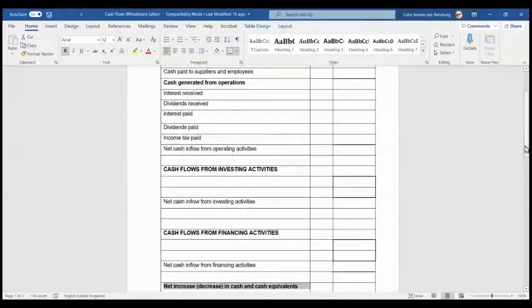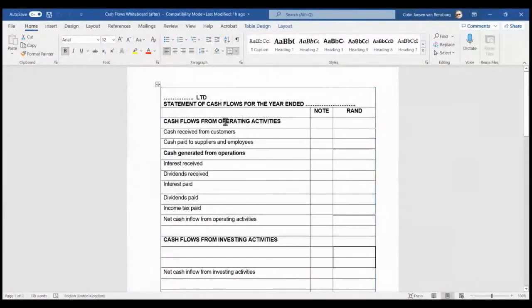And then we said when it comes to our operating activities section, we can subdivide this into two little subsections. The first three line items deal with your operations, your day-to-day normal ordinary trading activities, which in summary represents your dealings with your customers on the one hand for inflows, and your dealings with your suppliers and your employees on the other hand, which will be outflows of cash, and that will give us our cash generated from operations.